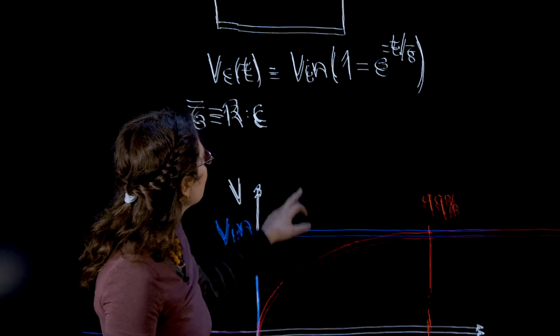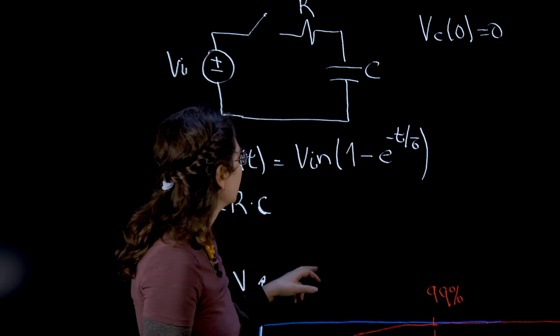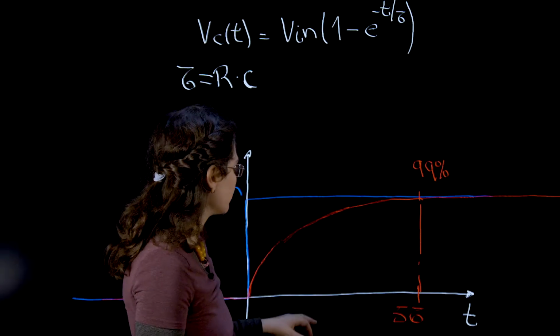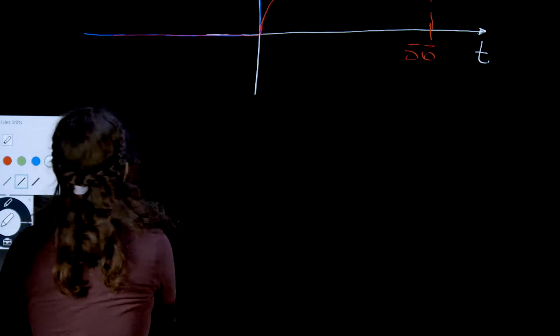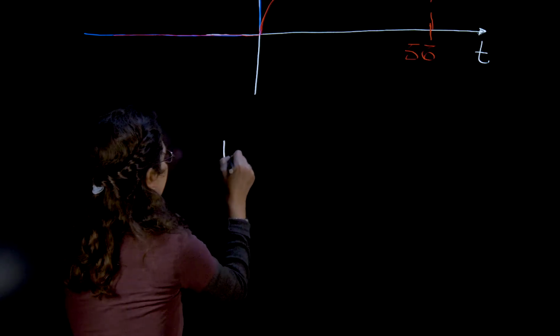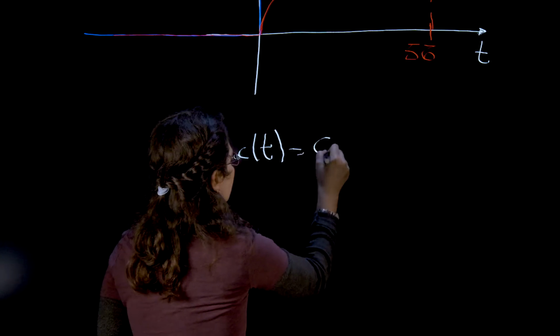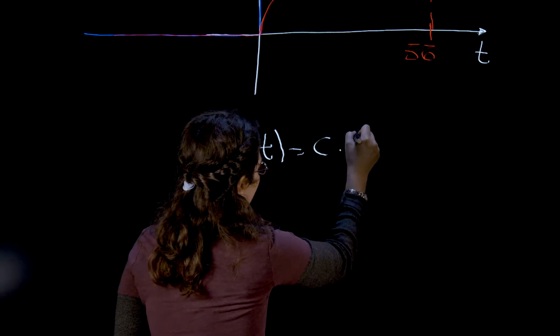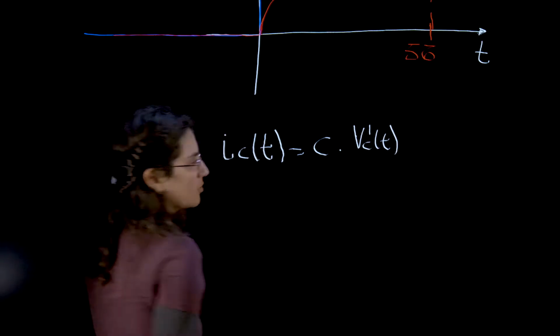Now, we can also calculate the current in our capacitor because we have the characteristic equation, which is that the current in the capacitor is equal to C times the derivative of the voltage, right?